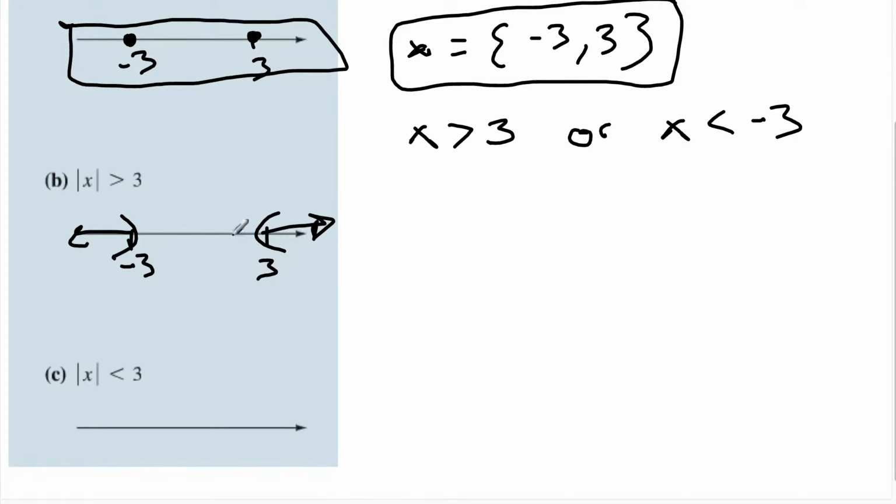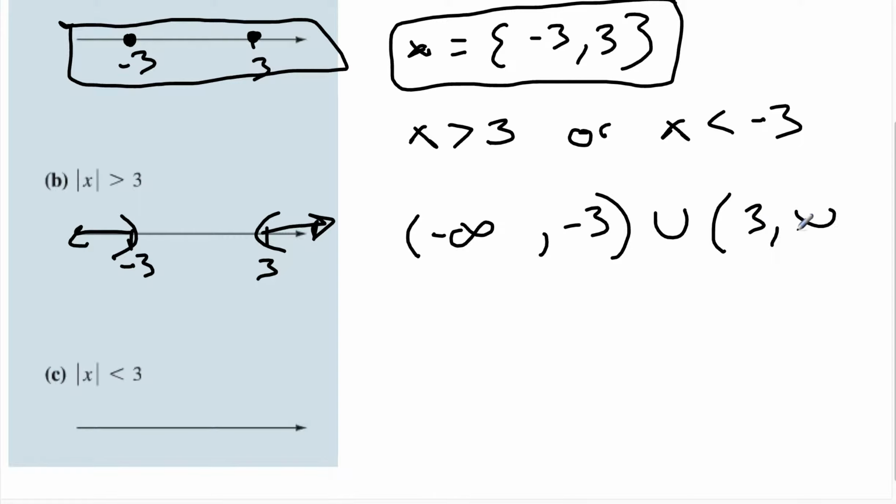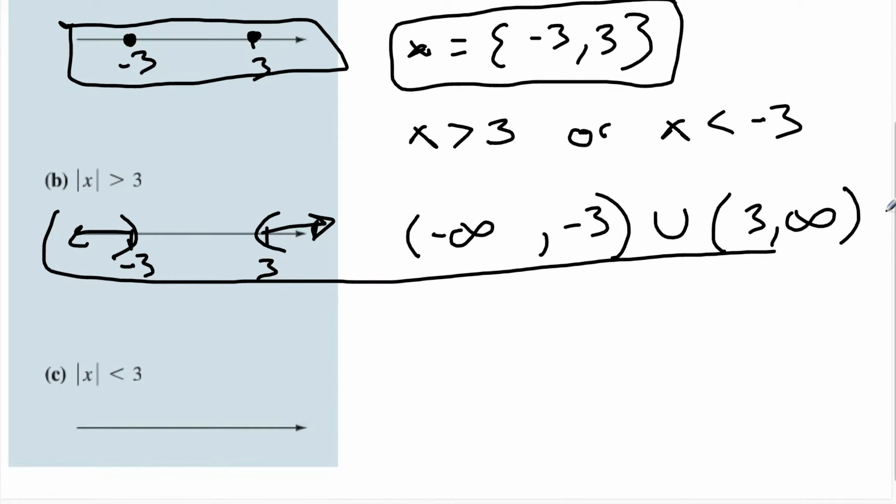The second one, in interval notation, you're going to say negative infinity up to negative 3 union 3 to infinity. So you need all of these.